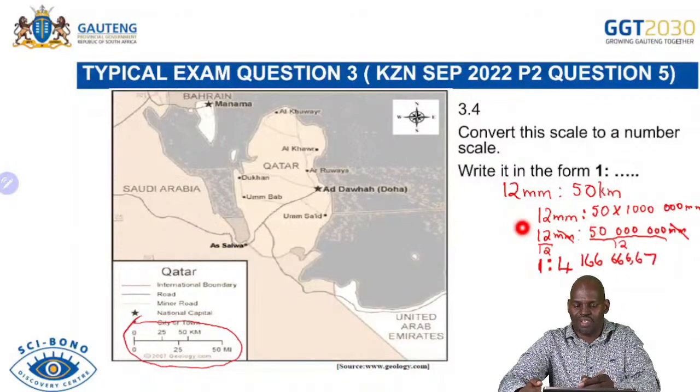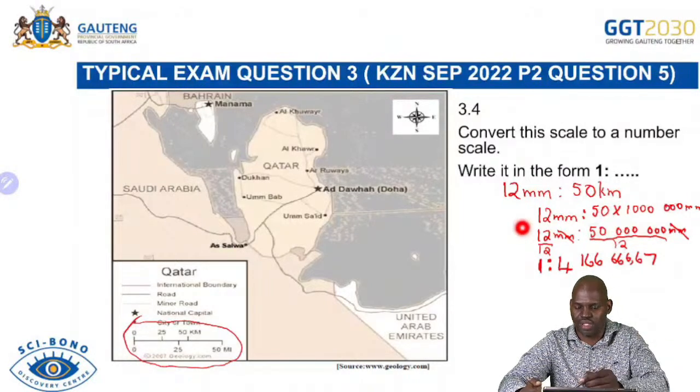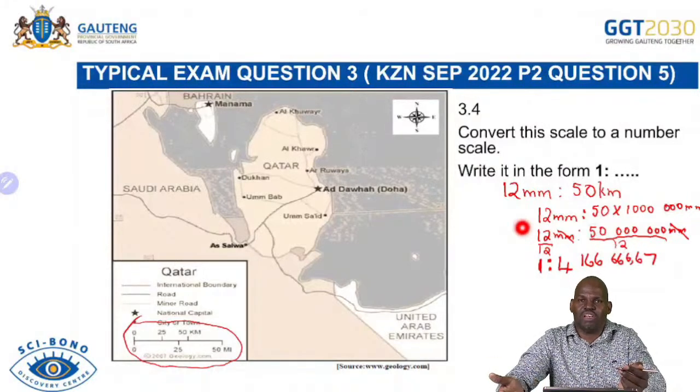So when I divide 50 million by 12, I get 4,166,666.67. Again, the examiner might specify that you round it off to the nearest whole number.